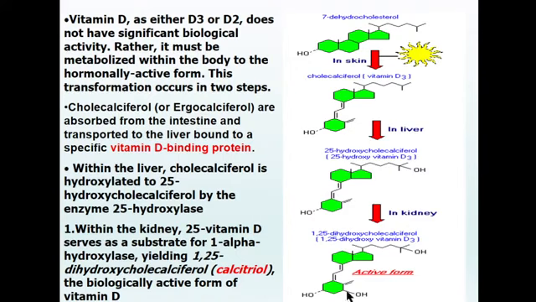Now hydroxylation of carbon number 1 happens, and we produce 1,25-dihydroxycholecalciferol, or calcitriol. Triol, because of 3 OH groups: 1, 2, 3.